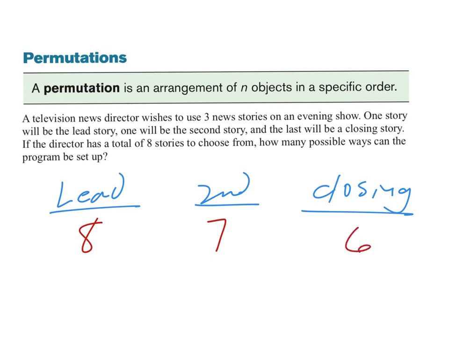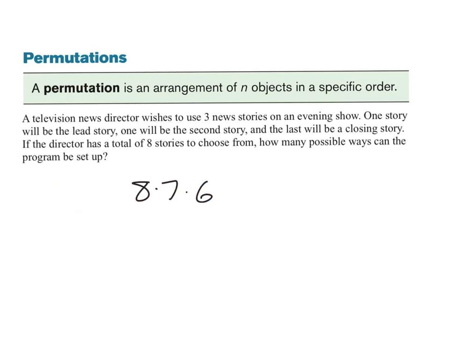So the number of possibilities for this particular situation is just going to be 8 times 7 times 6, which is 336. So there are 336 ways that this news director can choose a setup of 3 stories from the 8 that have already been produced.